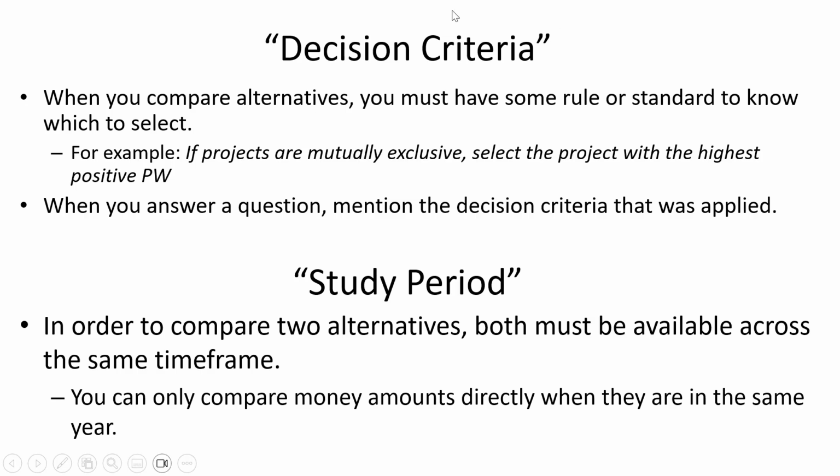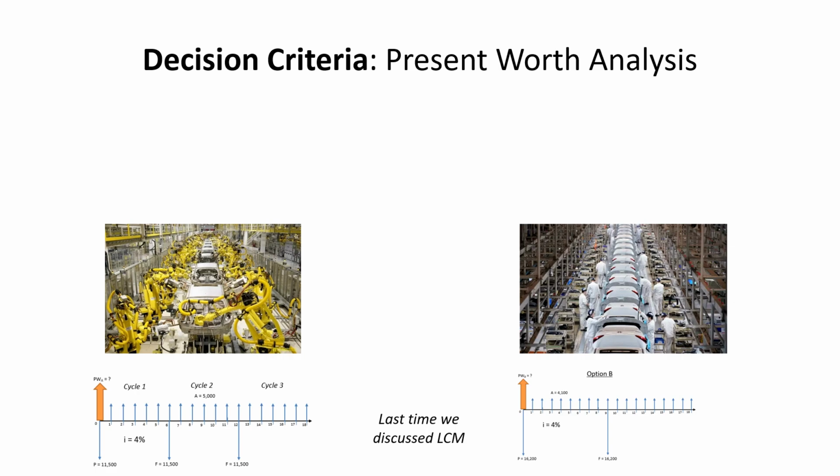So the first thing that we did, the least common multiples, LCM method, we talked about on Wednesday. That was how we synced up through repeating the options a certain number of cycles so that they both ended with the same study period. That was one of the tools that we used, was LCM. And so here's just a visual reminder of how we did that last time.